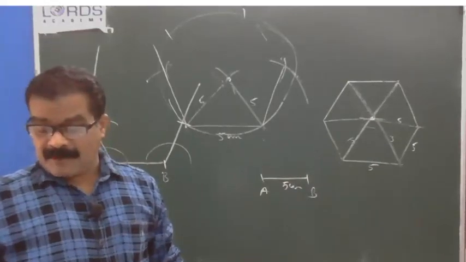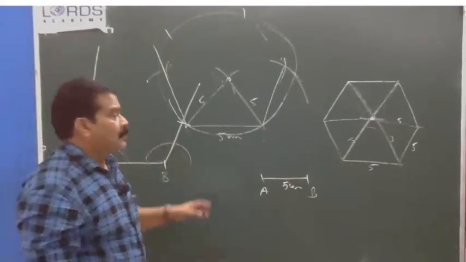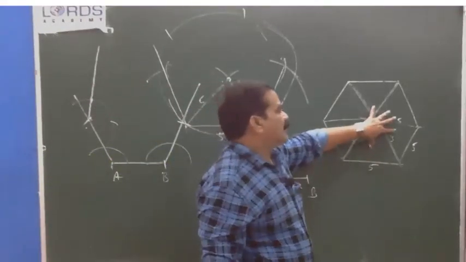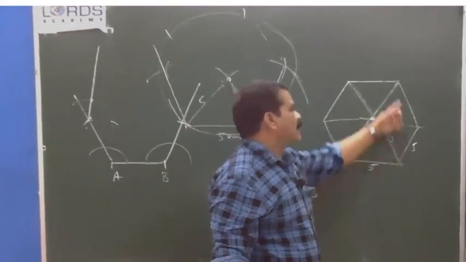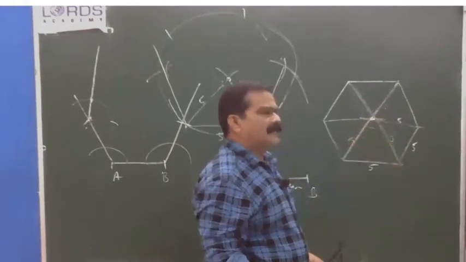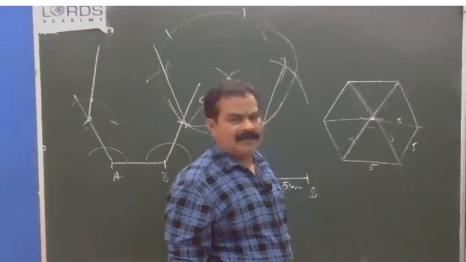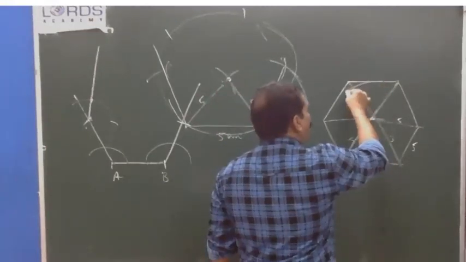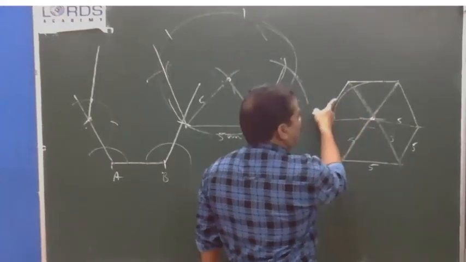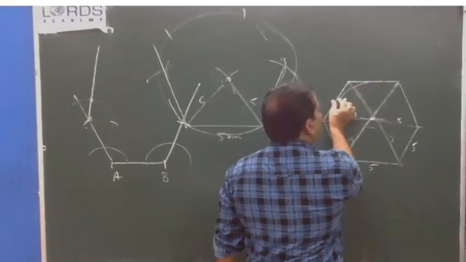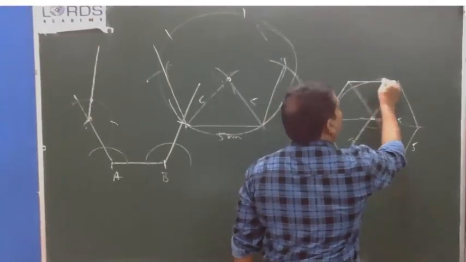Then after getting that, you have to inscribe the circle also. That also you will get. Accuracy is important here. Otherwise this circle will go like this. Here there is a gap, and here this will go outside.